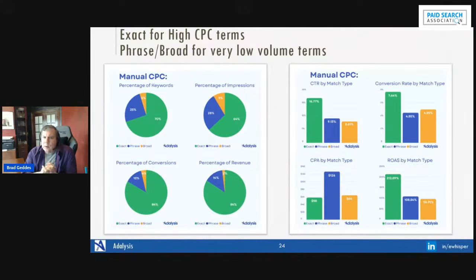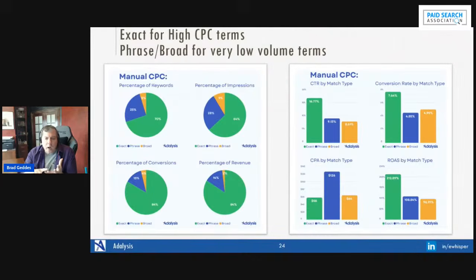And it turns out manual CPC is used by two very different groups. One are companies with really high cost per clicks, often a minimum of $100 averages. It's common to see $500 and $600 bids, and they are primarily using exact and phrase match. Now, the second group using this bid method is usually very low volume accounts.